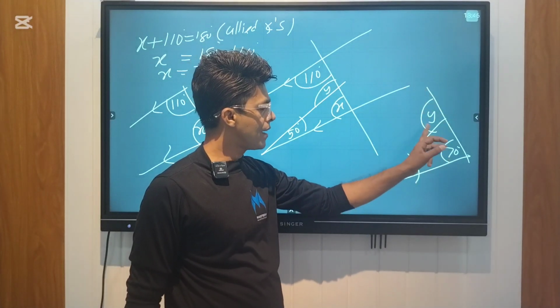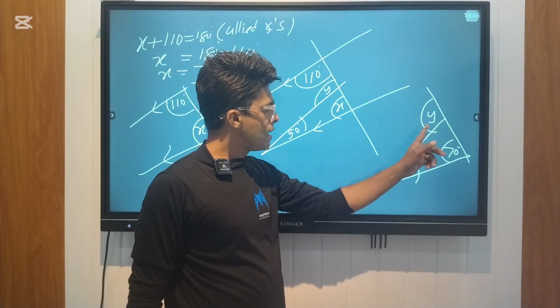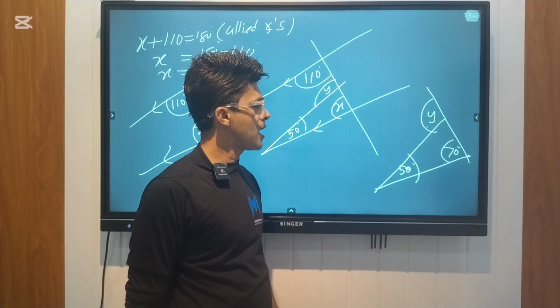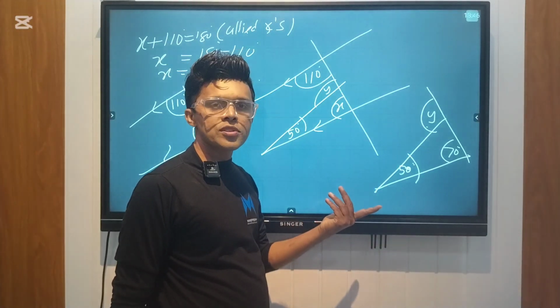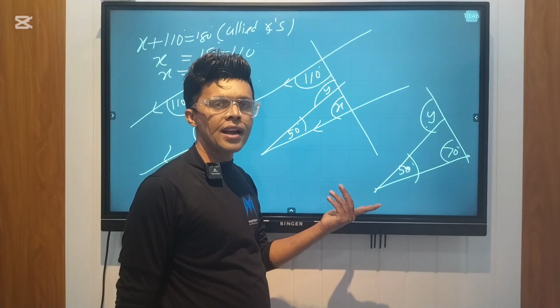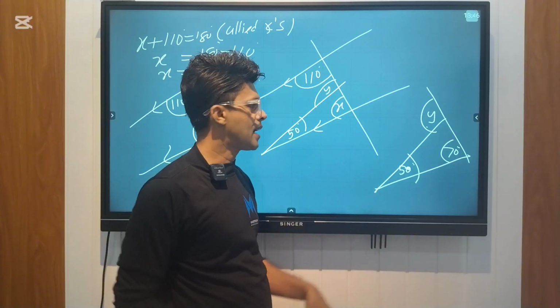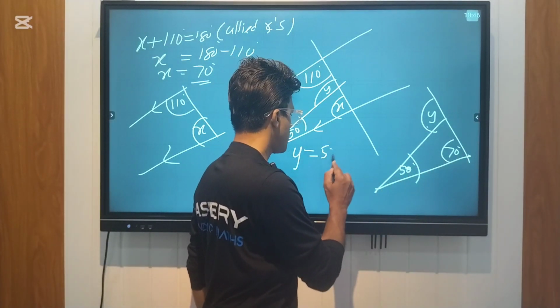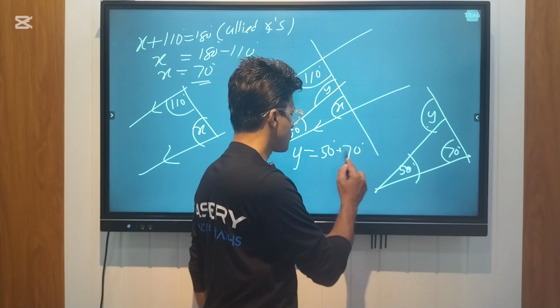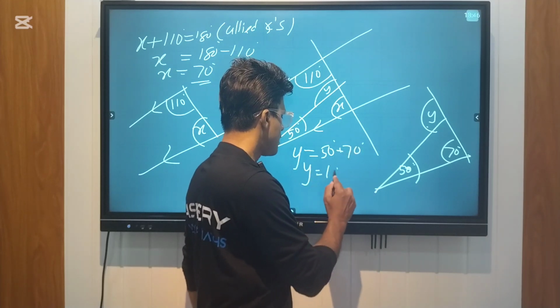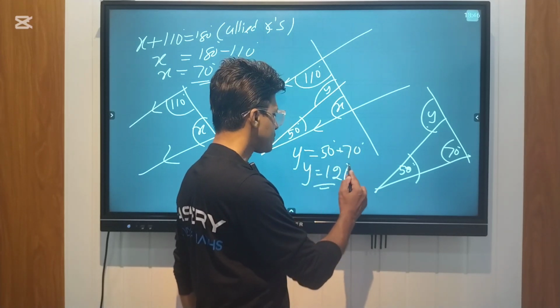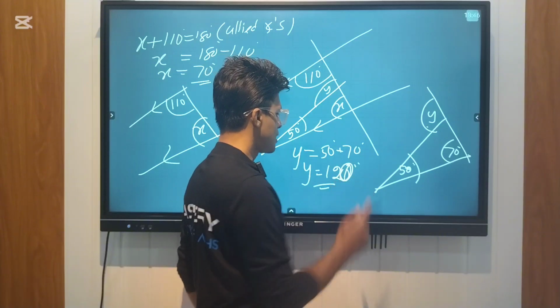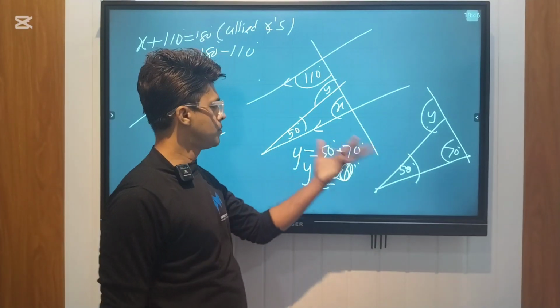The exterior angle equals the sum of the interior opposite angles. That means y equals 50 degrees plus 70 degrees, which is 120 degrees.